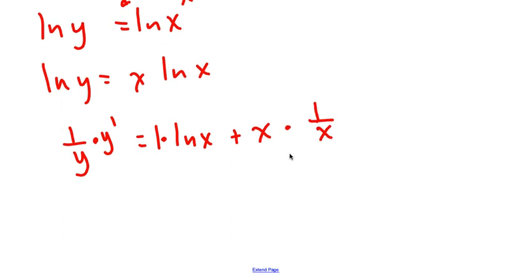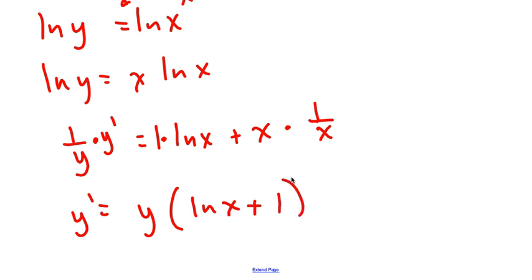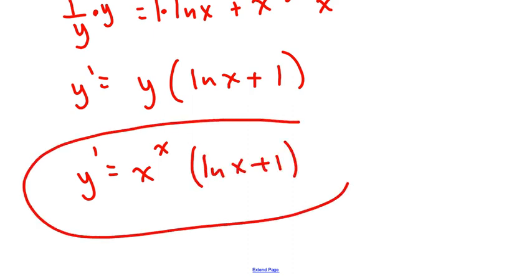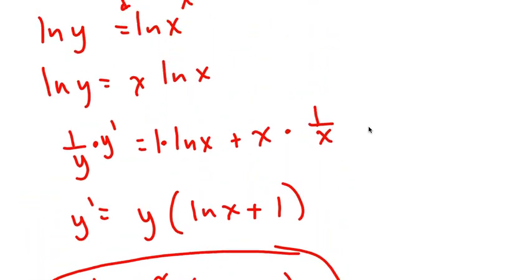So we would end up with y prime equals, multiply the y over, and then we have ln x plus x over x, which is just 1. Then we replace the y with what we knew about it. So y prime would be x raised to the power of x times ln of x plus 1. Again, that's logarithmic differentiation. We did that earlier in the chapter, and that's how you would handle that problem.